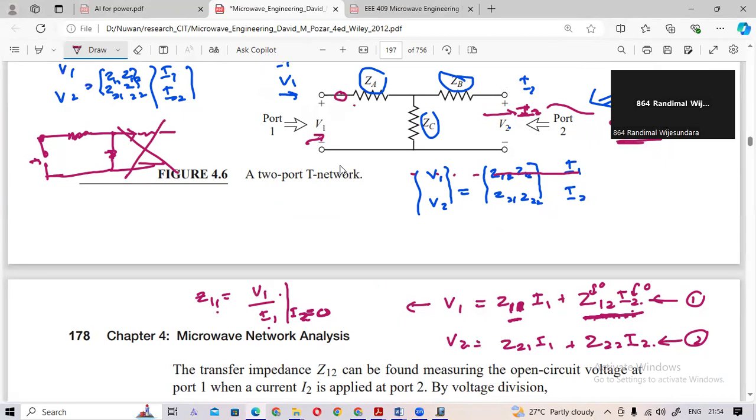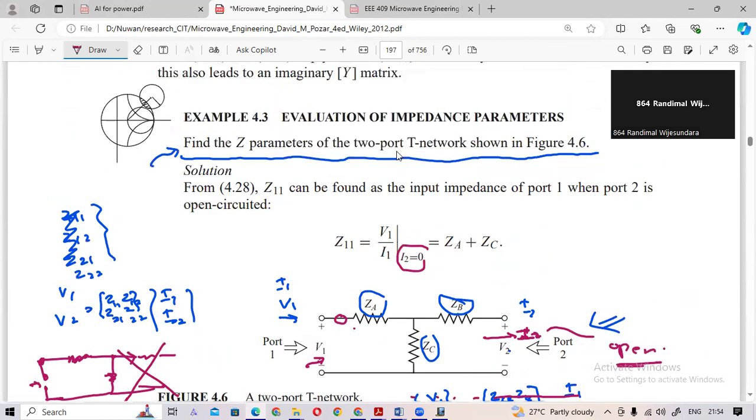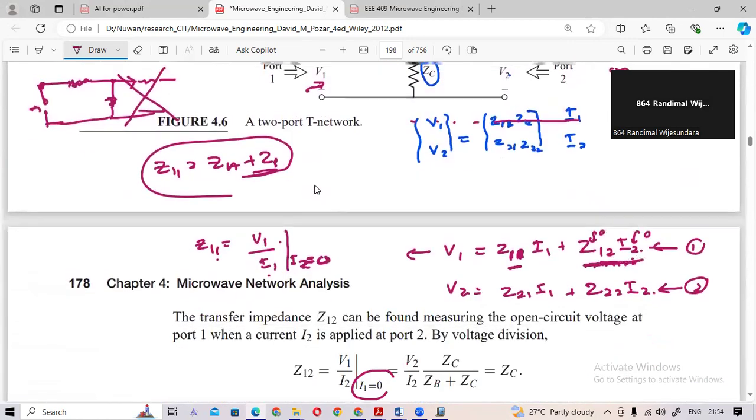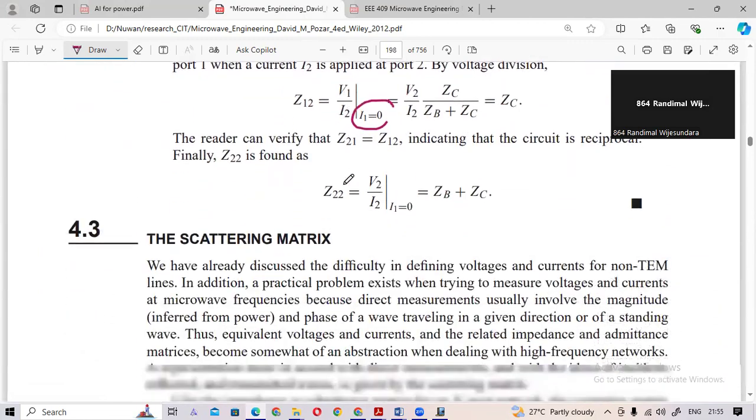That means these are serially connected impedances. So Z11 will be ZA plus ZT. In the same manner, try to find the other parameters also. Z11, Z12, Z13, likewise.